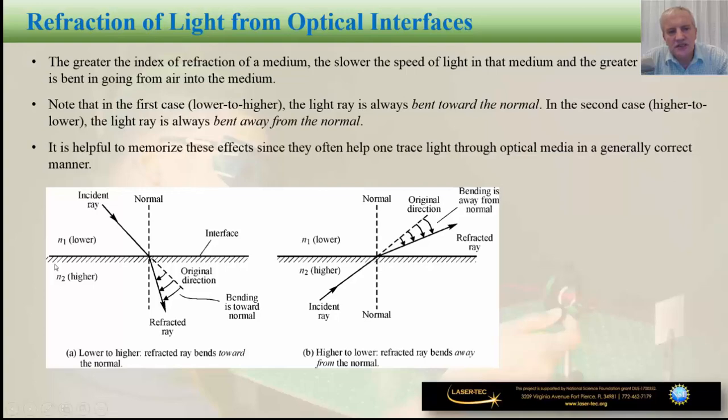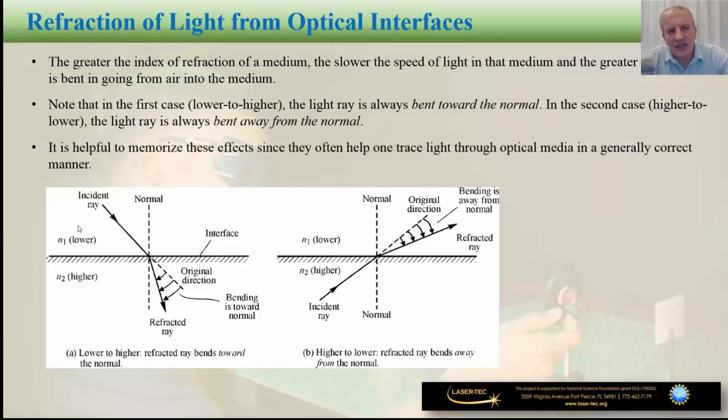What you can see here is that the index of refraction of the above medium is lower than the index of refraction of the below medium. In other words, N1 is a smaller number than N2. We can also say that the below medium is optically more dense than the medium above the surface.